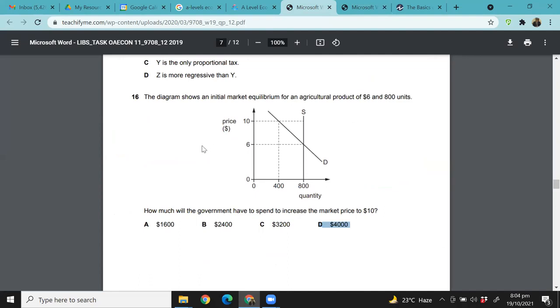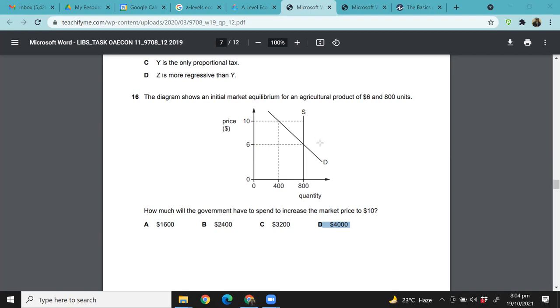In this question, it said, by how much will the government have to spend to increase the market price to $10, right? And for that, I said it would be 4,000. So now does it make sense, or do you want me to explain again? Have a look at this.